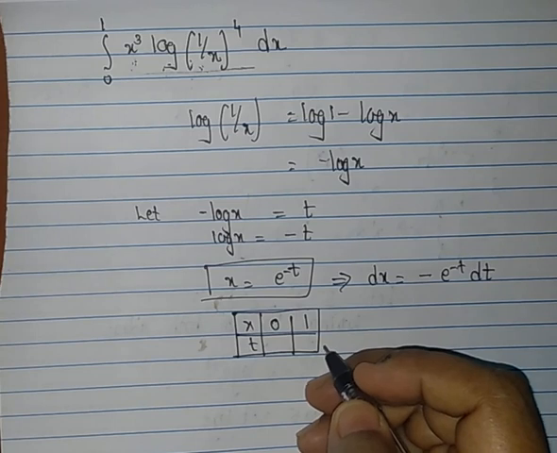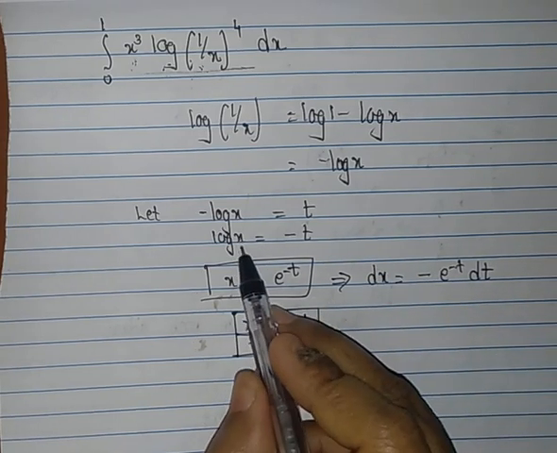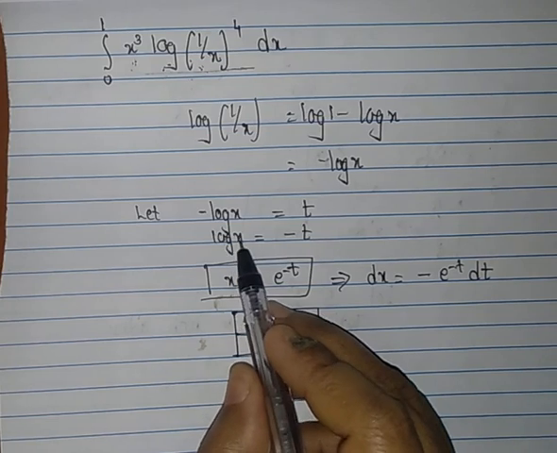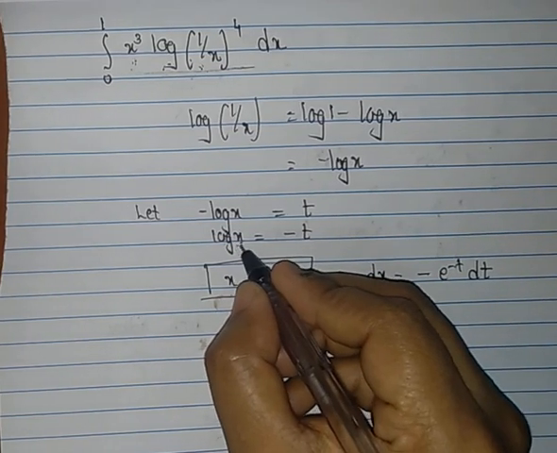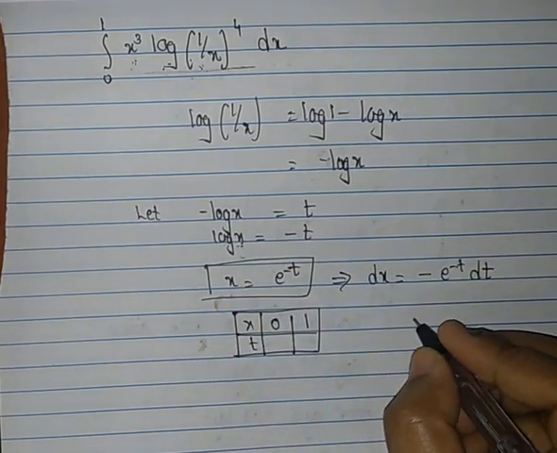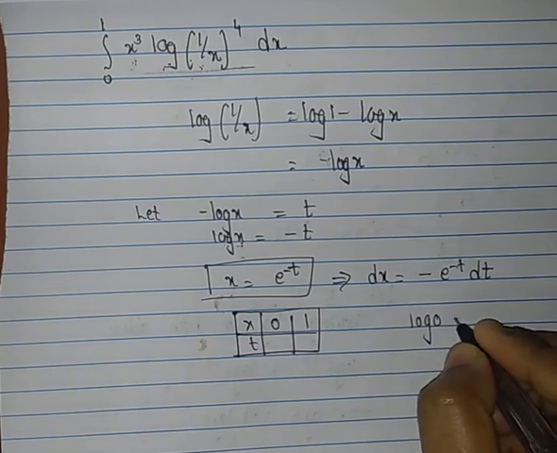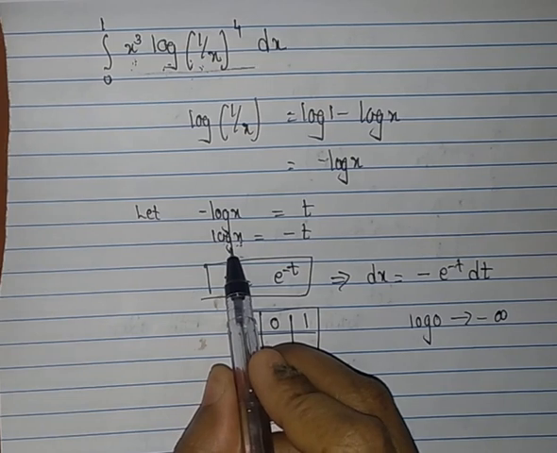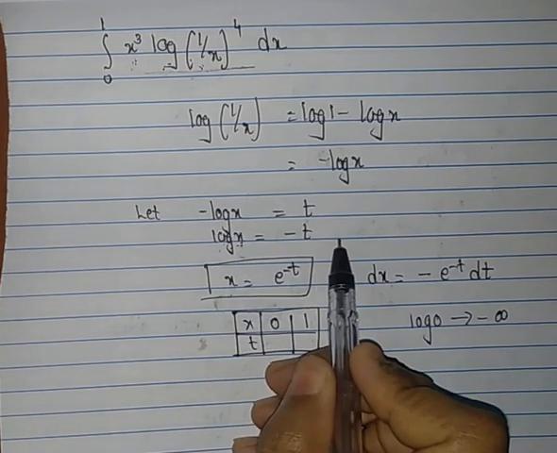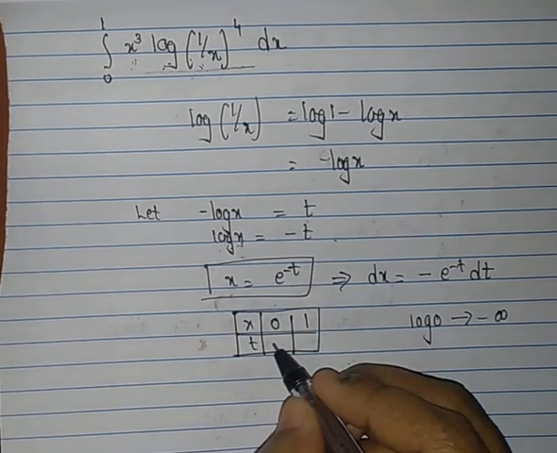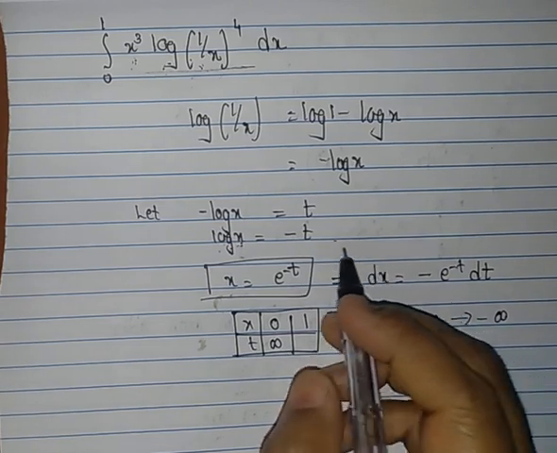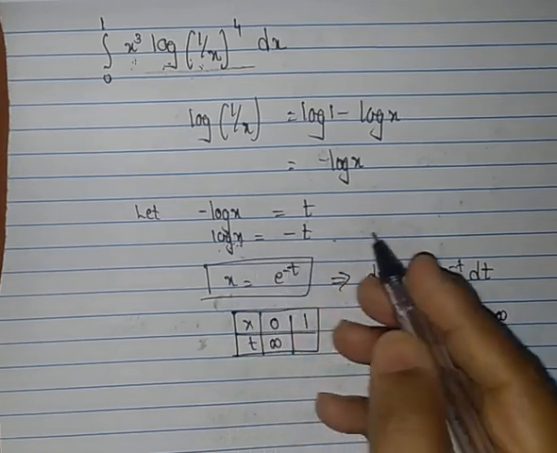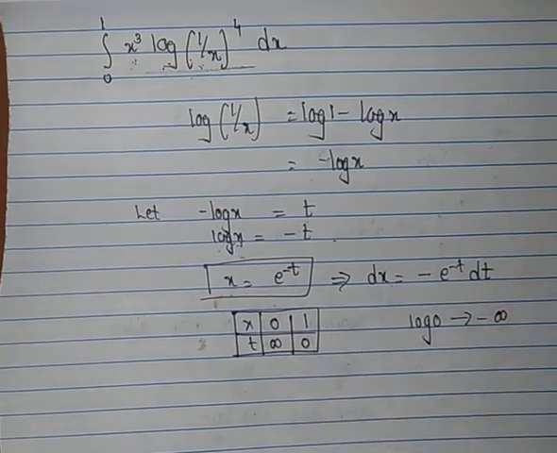When x is 0, log 0 tends to minus infinity. Then minus infinity equals minus t, the minuses cancel, and the value of t is infinity. When x is 1, log 1 becomes 0, so t becomes 0.